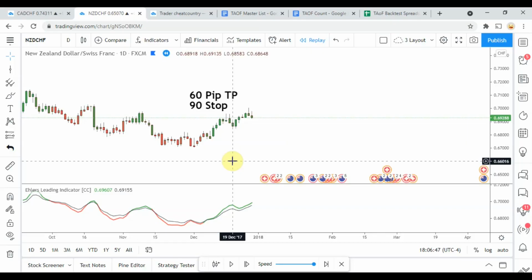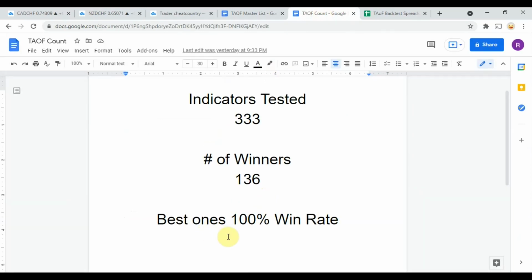Alright, as I said, today we will be testing Ehlers leading indicator. Before we do though, I wanted to put the indicator scoreboard up for everyone to see. So, to date, we have tested 333 indicators, and out of those 333, 136 have been winners, which means that they have met or exceeded the 60% win-loss ratio threshold that we have set for them.